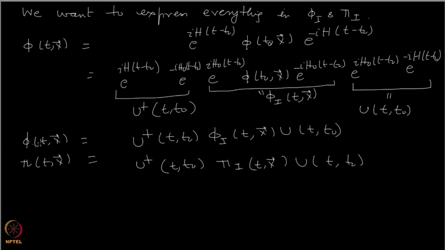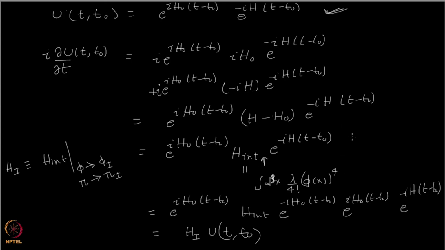So if I get a solution of U in terms of phi_I's, then of course U dagger will also be in terms of phi_I's, and then the entire right hand side will be completely in terms of phi_I's, and that's what we wanted to achieve. And of course you will need a boundary condition to solve the expression for U. So let me also give that to you.